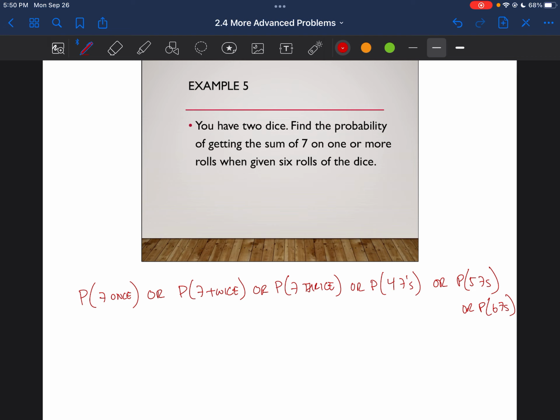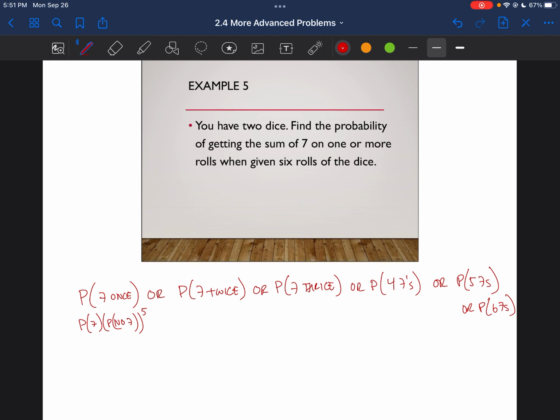Now, if we were to do this probability out, this would be the probability that I got a 7, and then the probability that I got no 7, and that probability happens 5 times. But I'd have to go through that for each of these scenarios, and that's going to take way too long.